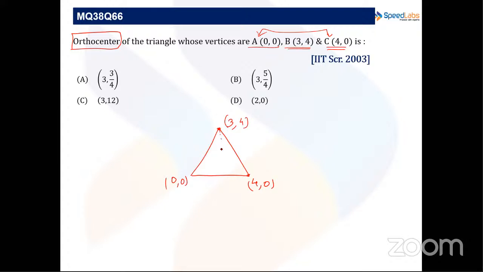If we will draw a perpendicular, then we can find the altitude through A. We are having this slope as again 0, and we don't need to solve this much.